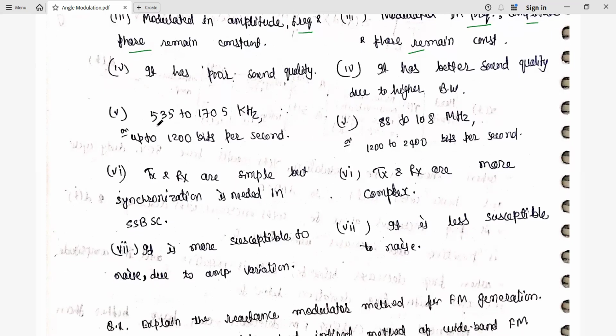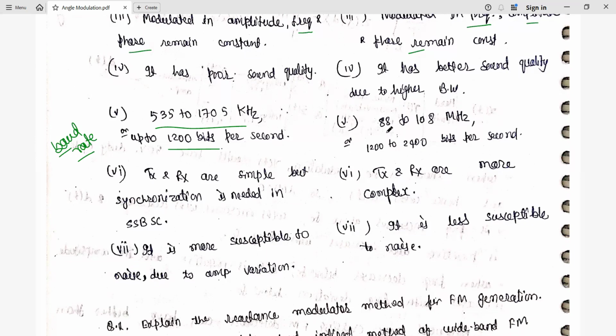Here for AM we consider the range 535 to 1705 kilohertz and a transmission rate of 1200 bits per second, which we also call the baud rate, that is the rate of transmission of the data.